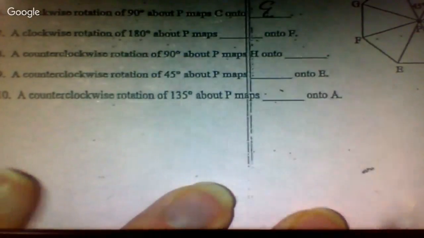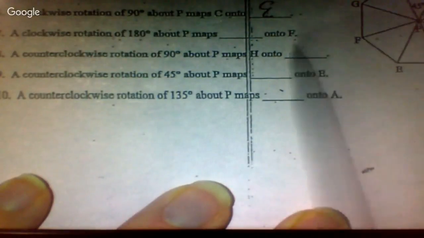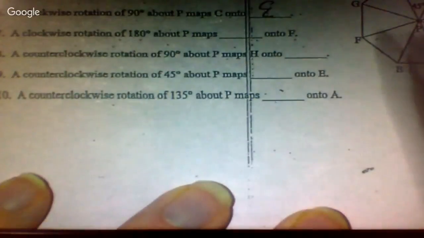Okay. Be careful with number 7. They give you the ending point, not the beginning point. So they want to know, where should I start if I want to go 180 degrees and land on F? We have to go backwards. So instead of going clockwise, I'm going counterclockwise.